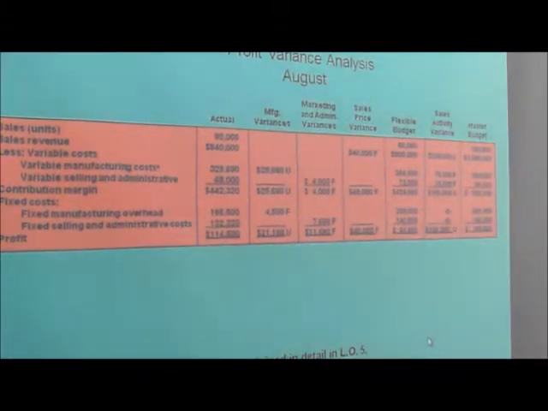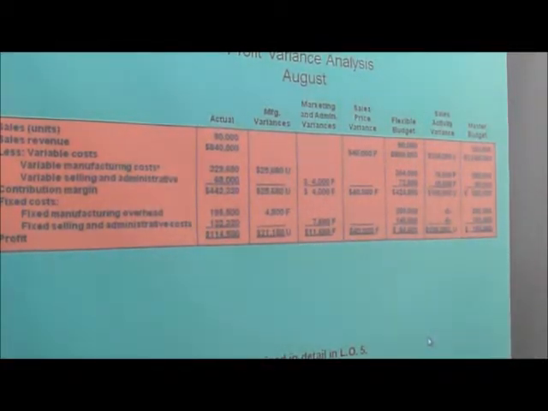In other words, just out of curiosity, what's 840,000 divided by 80,000? It's obviously more than $10. It's $10.50. So we actually sold it on average, and again, does that mean we sold everything for that?